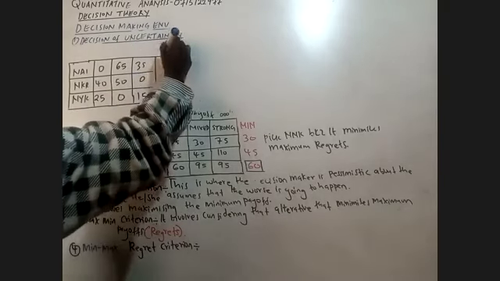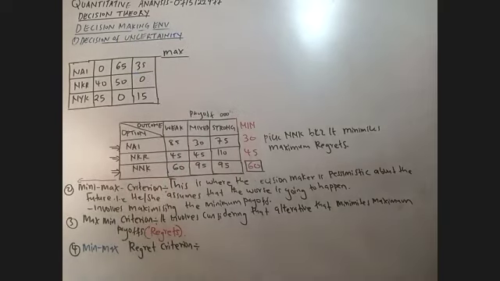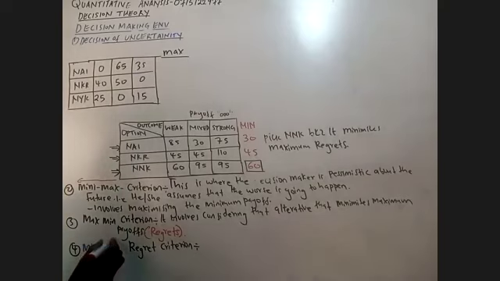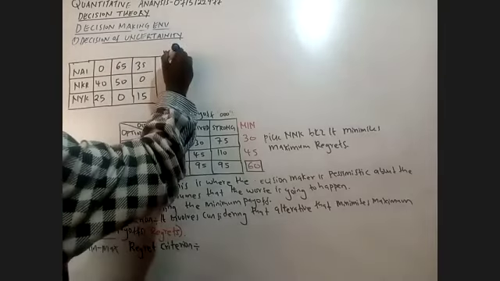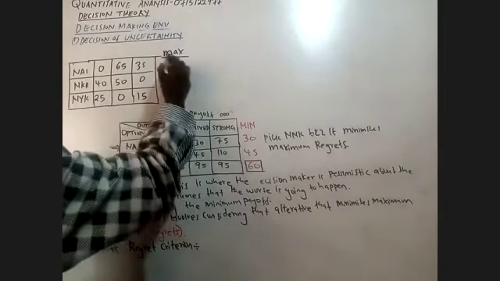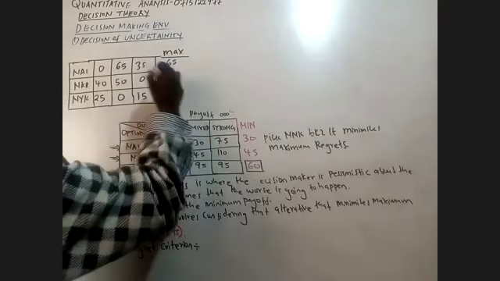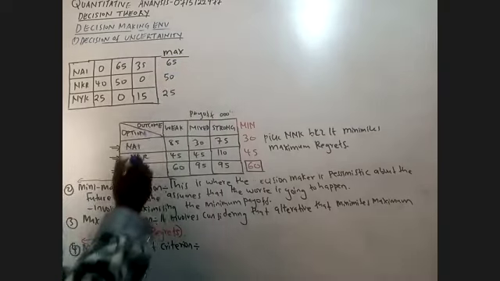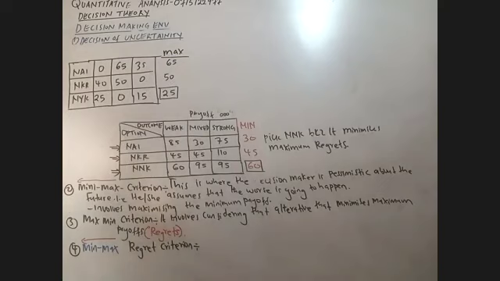Now we need to pick the maximum, then the minimum. Once we have the regrets, maximum, then minimum. So the maximums are 65, 50, and 25. Then pick the minimum. The minimum is 25.